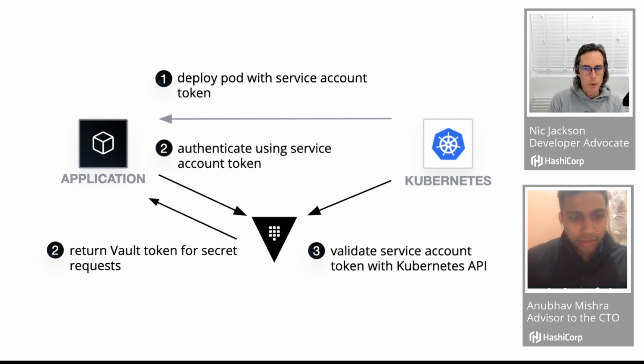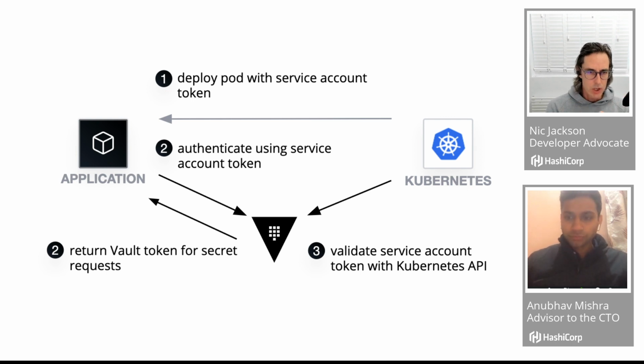Right. Yeah. Vault has those authentication backends you were talking about earlier, and we're going to use the Kubernetes one. The process is that Kubernetes adds a service account token to your application, and we're going to show a deployment.